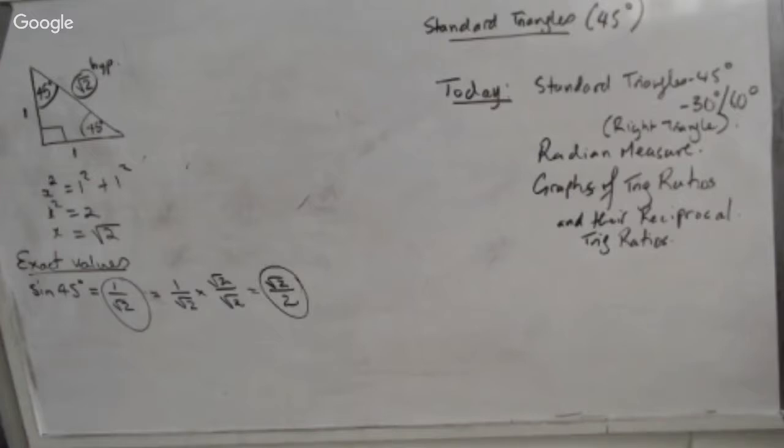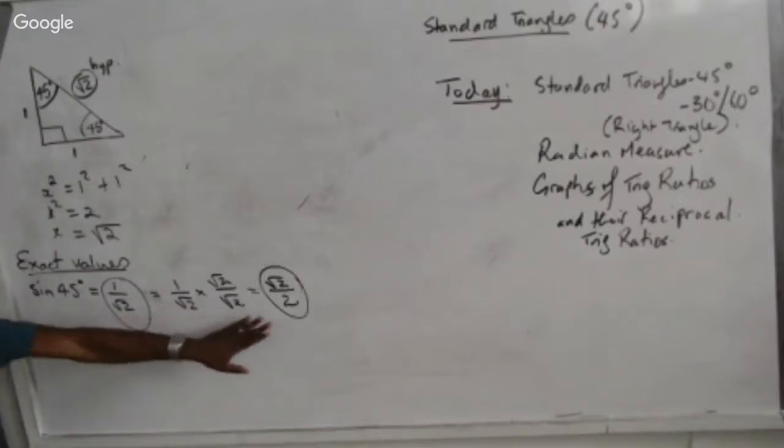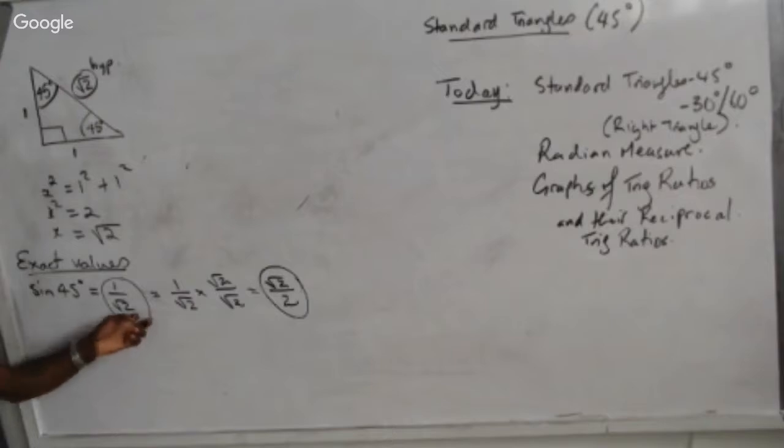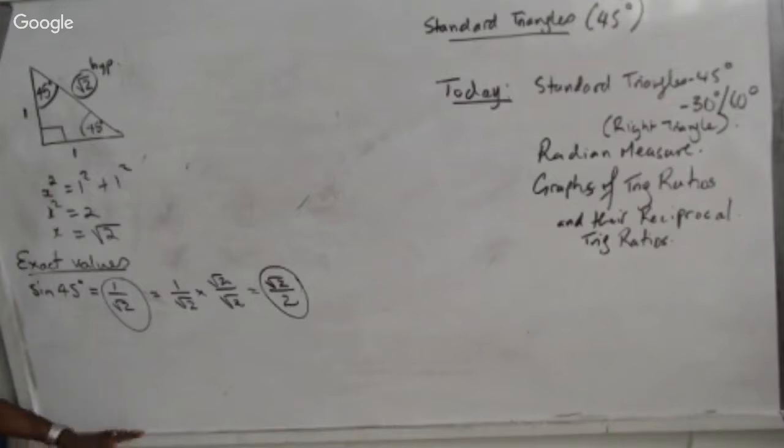However, whichever one you want to write, or sometimes even the multiple choice in CXC may have this, although they tell you that they don't want surds. Hear that? So recognize both of them. And this one that you will get on your black Casio will be 0.707, but that's not the exact answer. A decimal is never ever the exact answer. Exact answers include surds, which means roots, and include pi, which is the symbol pi.